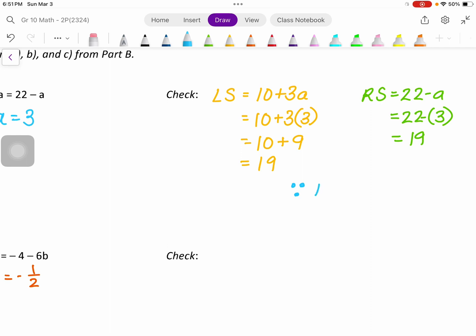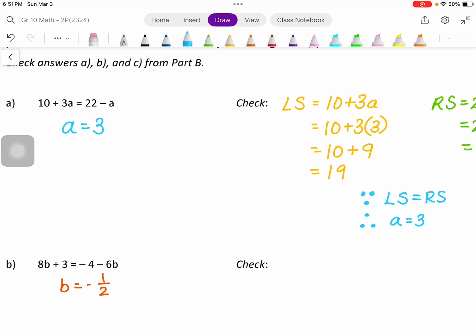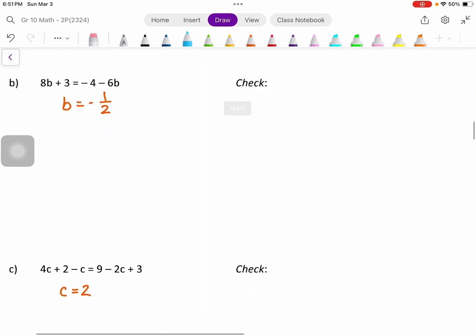So since our left side equals our right side, therefore, the triangle with the 1 point on top means therefore, a equals 3. So I'm just confirming that a equals 3 is the correct solution to 10 plus 3a equals 22 minus a. Let's try the next question.